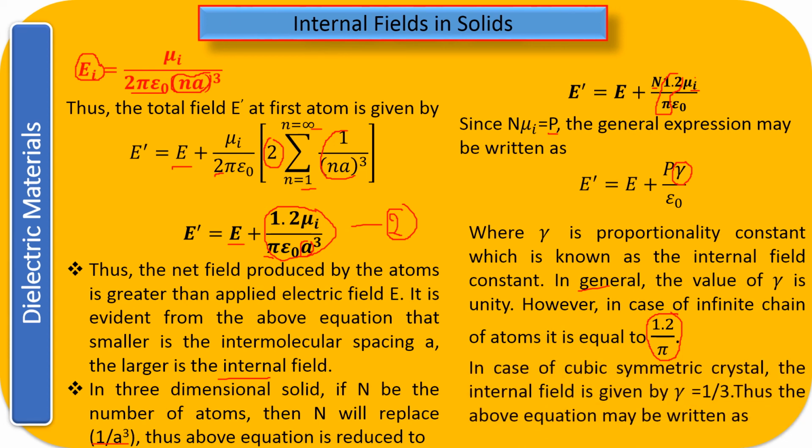In case of the cubic crystal, the internal field is given by gamma equal to 1 by 3. So if it is a perfectly cubic system, then the value of gamma will come out equal to 1 by 3. Let us suppose I am calling this equation number 3. In equation number 3 you substitute the value of gamma equal to 1 by 3, and then you will be getting the result for the cubic crystal.